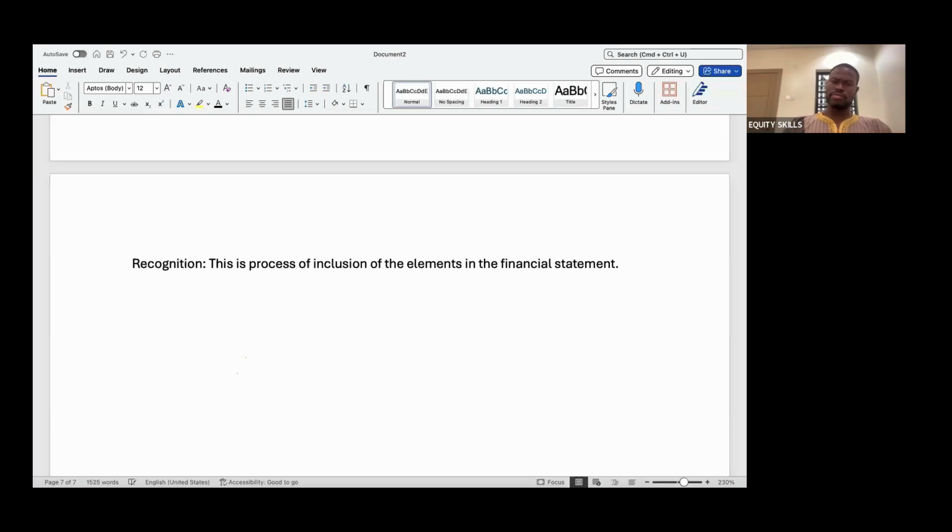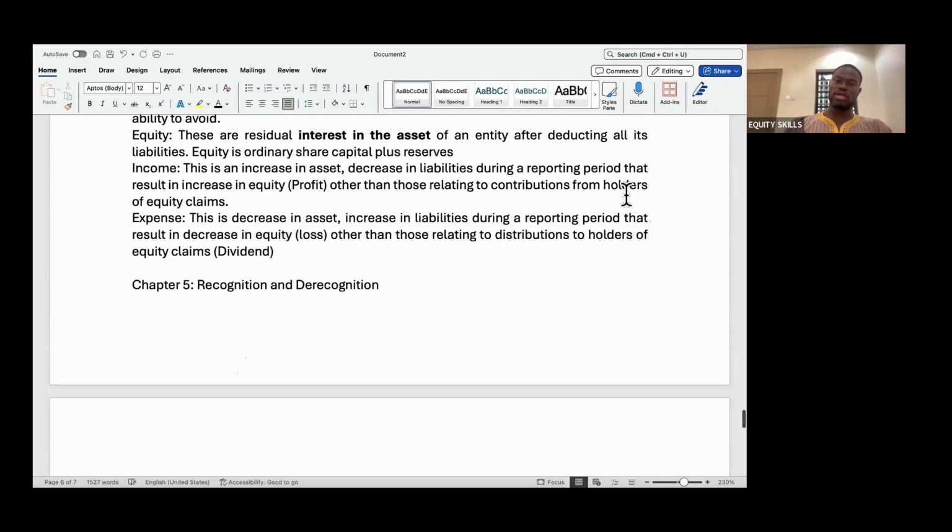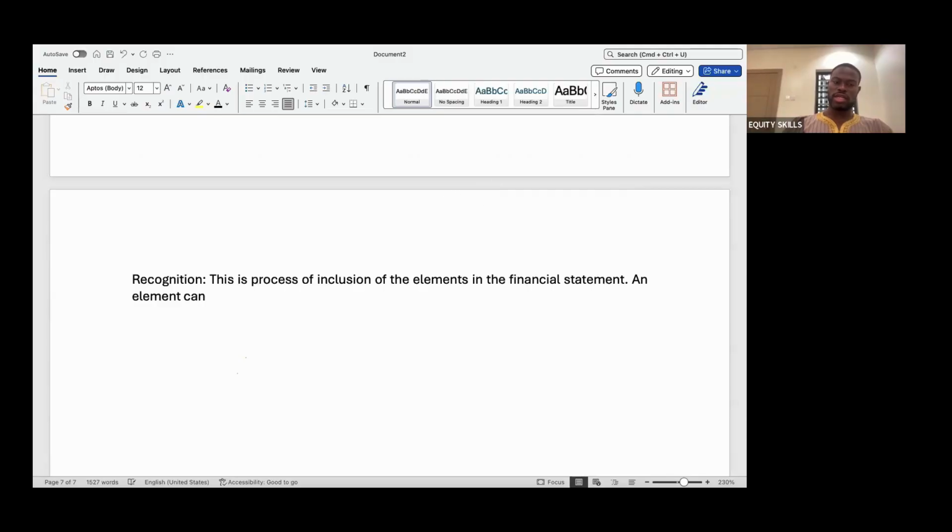And before you can recognize any of these elements in the financial statements, and when I say an element, I mean any of these 5, right? An element can be recognized in the financial statements or reports if it meets the following criteria.